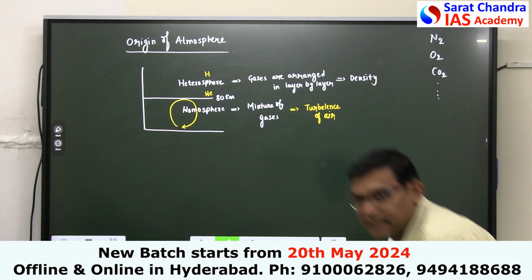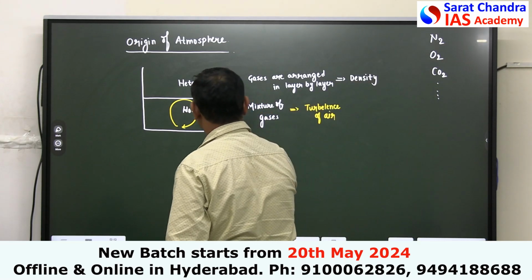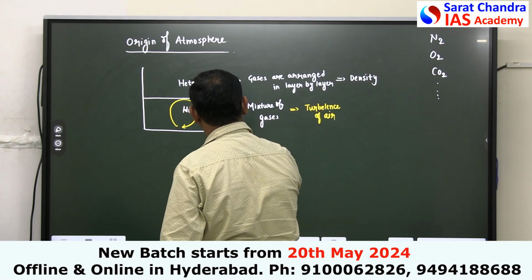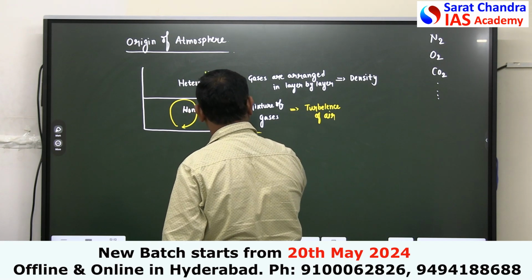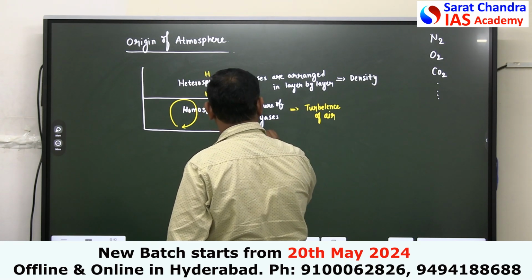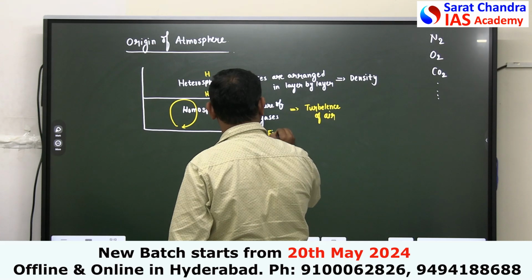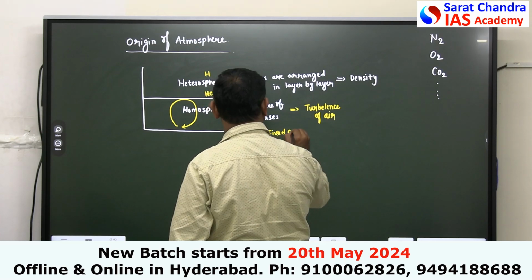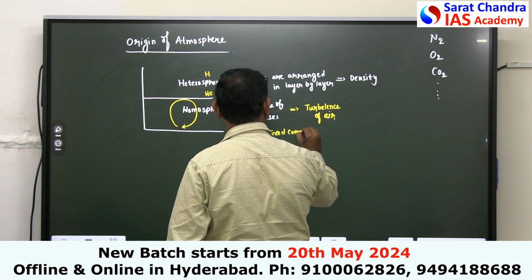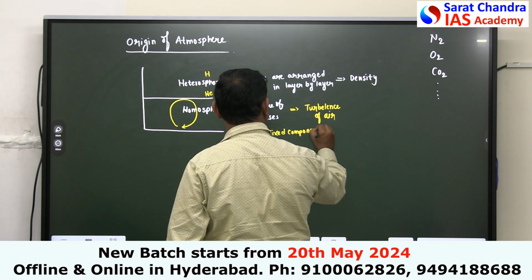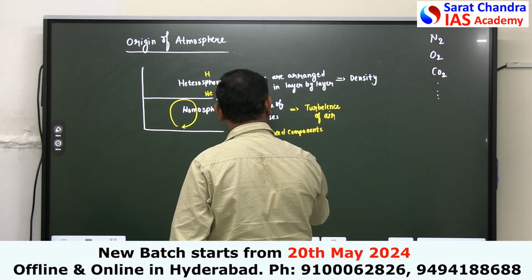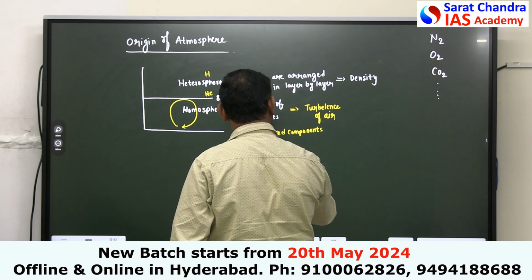Actually, air is composed like this. Air is made of fixed components and variable components.